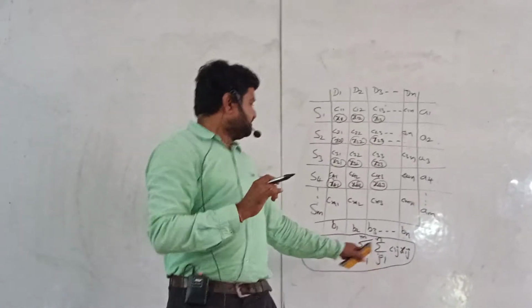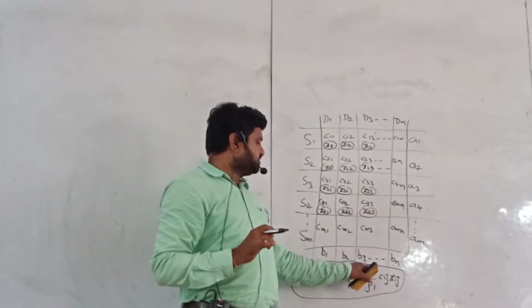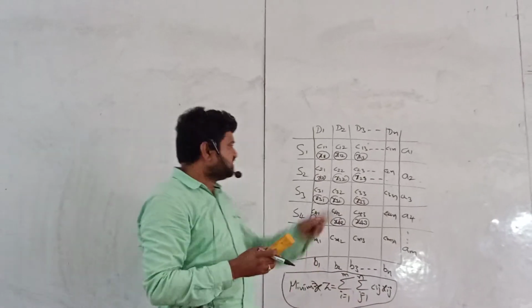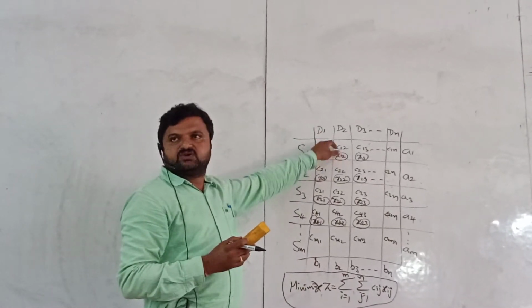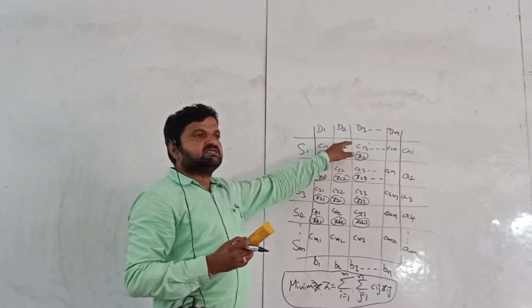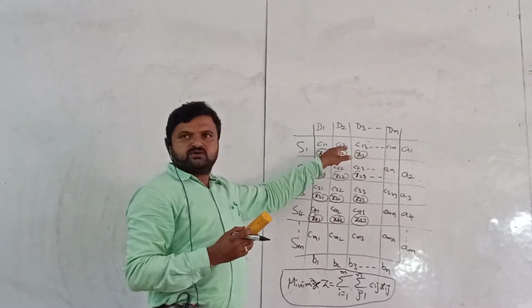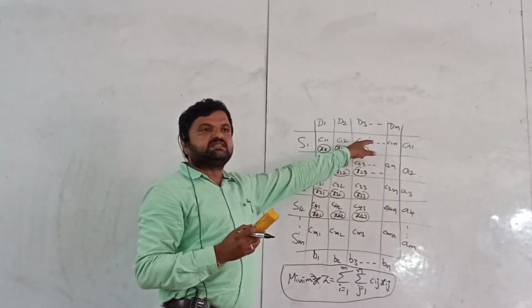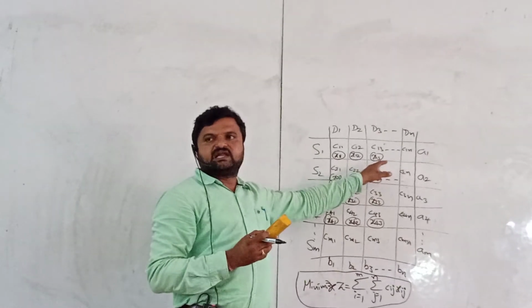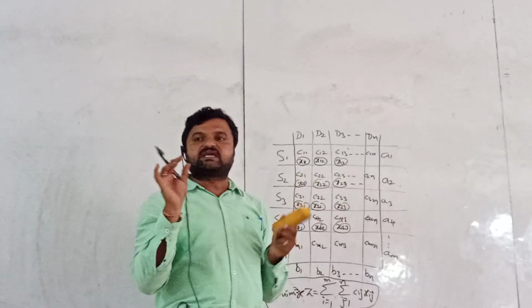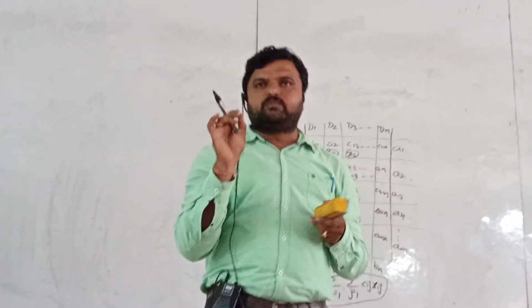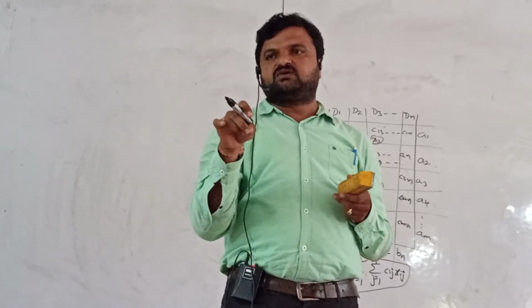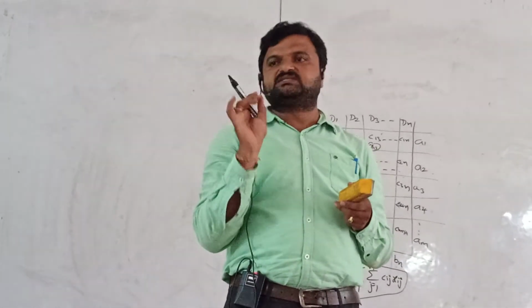That means we multiply Cij into Xij: C11 into X11 plus C12 into X12, C13 into X13, and likewise we add all the allocated cells only. We omit non-allocated cells. This is the transportation model.